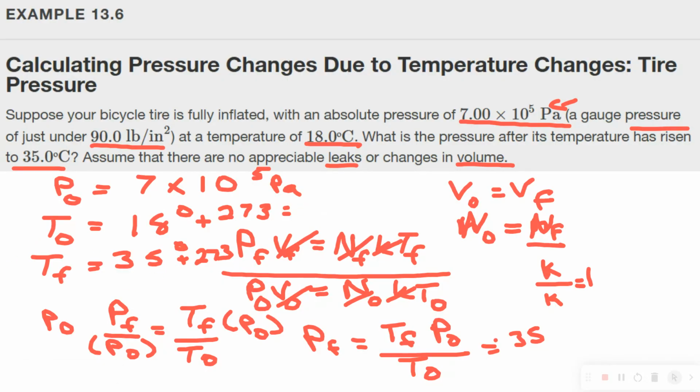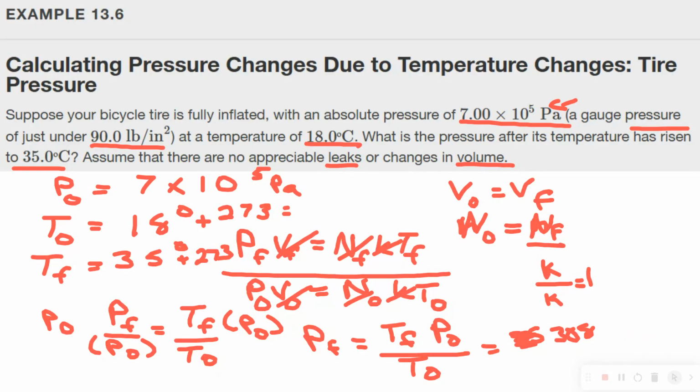And so my final temperature would end up being, instead of 35, it would actually be 308, right? Am I doing the math right on that? 308 times the initial pressure, and I think we can leave it in pascals.